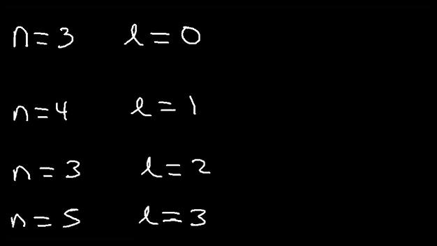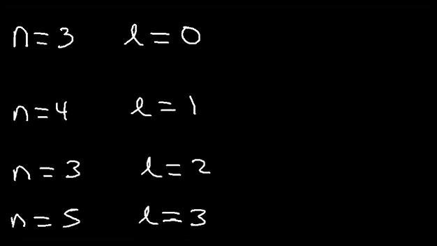So for these different cases, identify the sublevel, calculate the maximum number of electrons that can have these 2 quantum numbers, and also determine the number of orbitals that can have those 2 numbers.